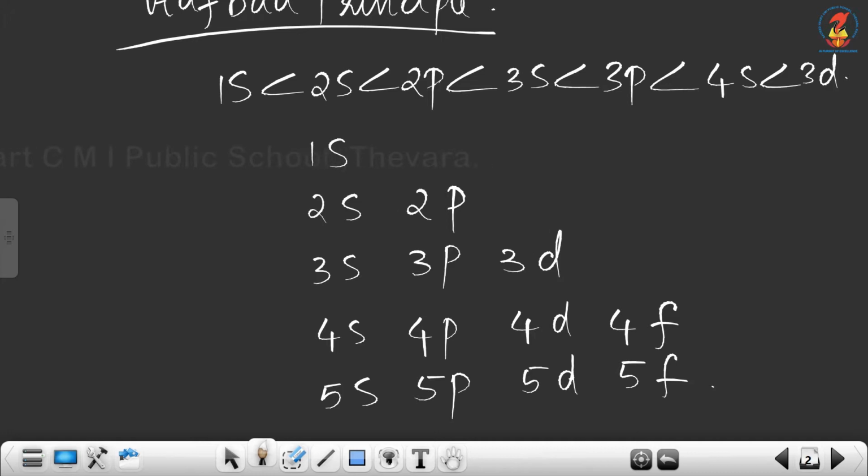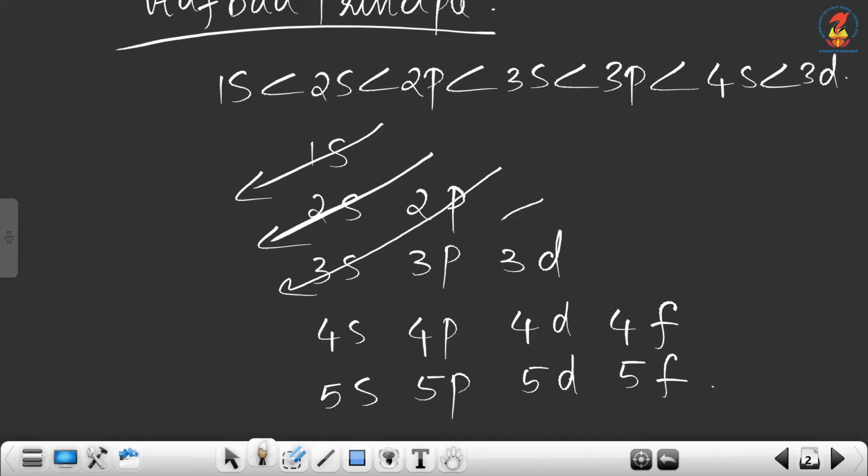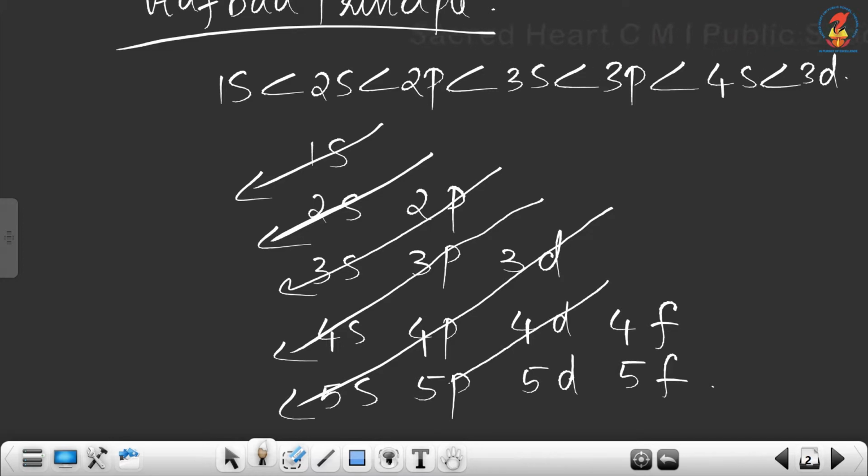You can see we will start from here. 1s orbital < 2s < 2p < 3s < 3p < 4s < 3d < 4p < 5s < 4d < 5p. Here we have 6s. So it goes like this. But you have to learn till 3d by heart.